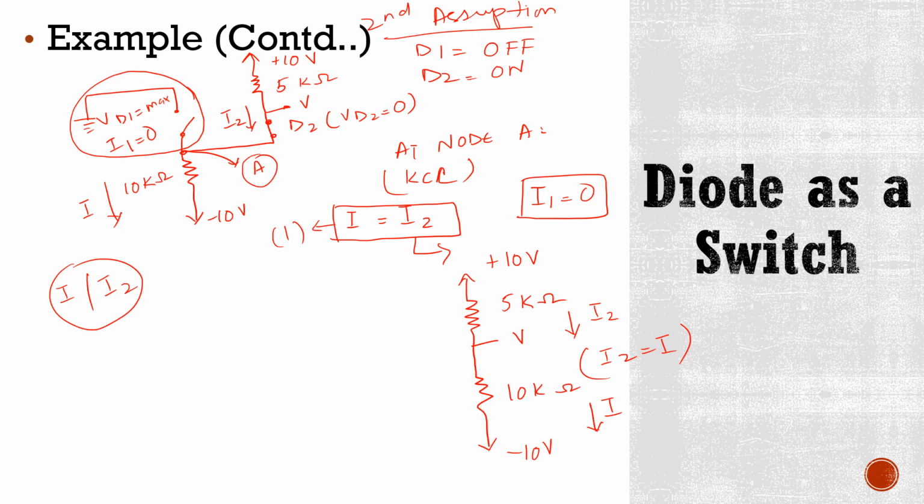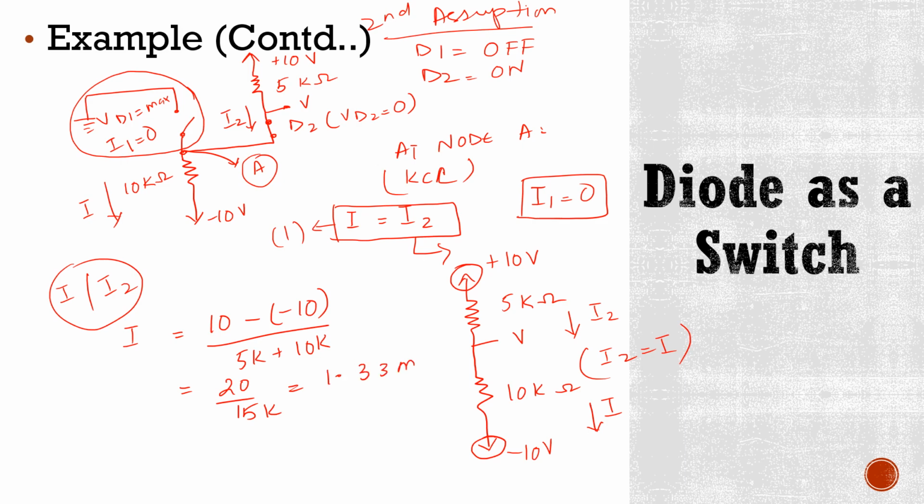So how are you going to apply KVL here? Here KVL is applied this way. You start from this point and this is your ending point. So here there will be 10 minus (minus 10) divided by 5k plus 10k, which is equal to 20 divided by 15k, which is equal to 1.33 milliamperes.